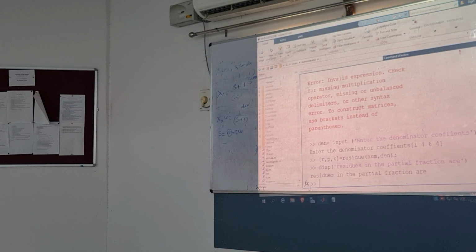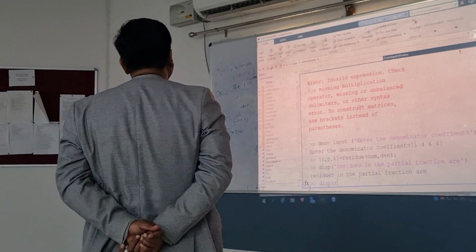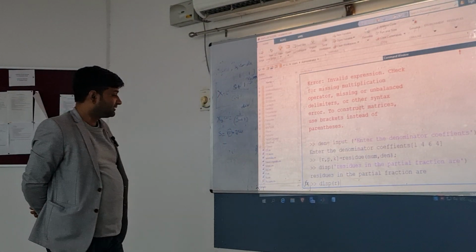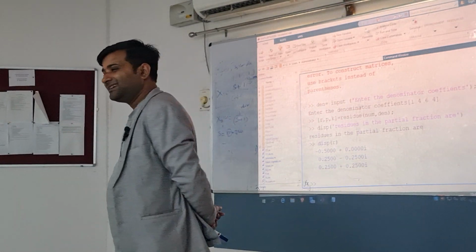And you have write the DSPR. DSPR means you have displayed the real R. Enter. This is the result.